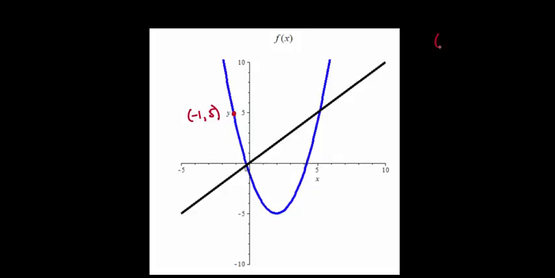If (-1, 5) is on the original, the inverse must have (5, -1). They swap spots. How we find the inverse is we take x and y and we switch spots. So that means that 5 over, down 1 should be a point on the inverse graph.